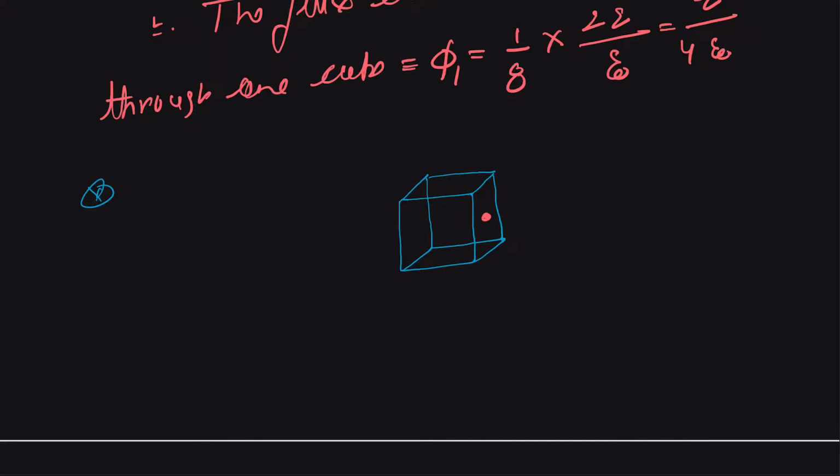So in order to make it symmetrical, we are going to extend with the help of another cube to the right of it.